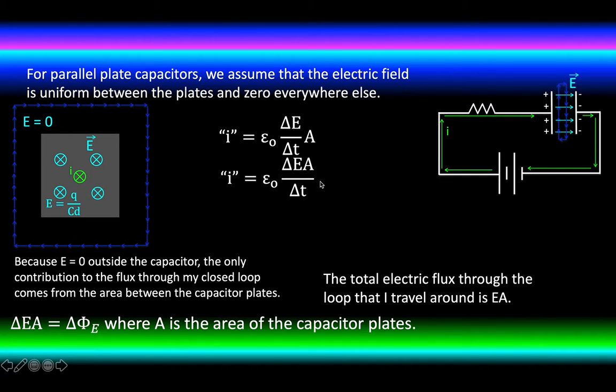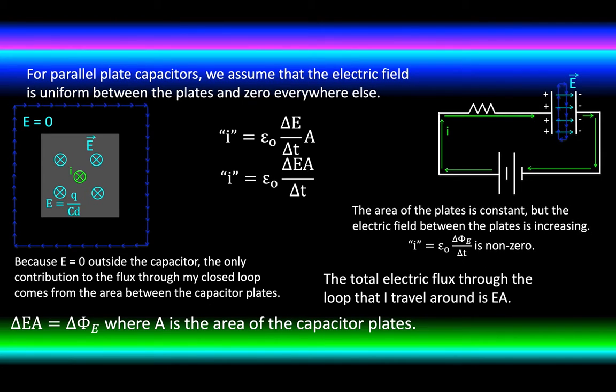This term here in the fraction is the rate at which an electric flux is changing. So this thing that is behaving like a current, even though it's not a proper current, is a growing or decaying electric flux. If the area of the plates is constant, which is generally the case for capacitors, but the electric field is increasing, I get this thing that resembles a current: epsilon naught, the fundamental constant of nature, times the rate at which the electric flux is changing.